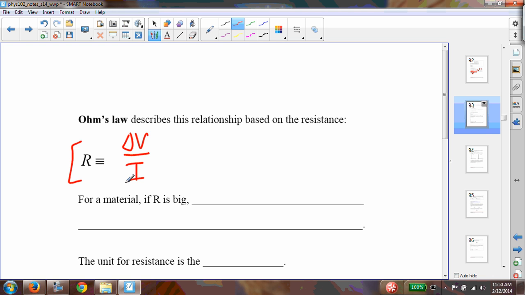For a material, if R is big, then a greater potential or a greater voltage. Often I'll write V just without the delta, but it's implied that it's the potential difference. And on a battery, that's the potential difference between the two terminals on the battery. All right, but I'll just write it as a V. It requires a greater voltage to produce the same current.